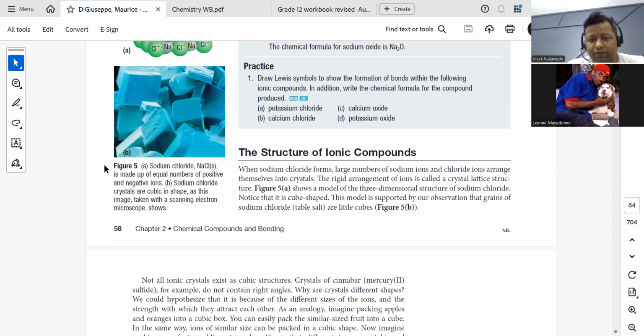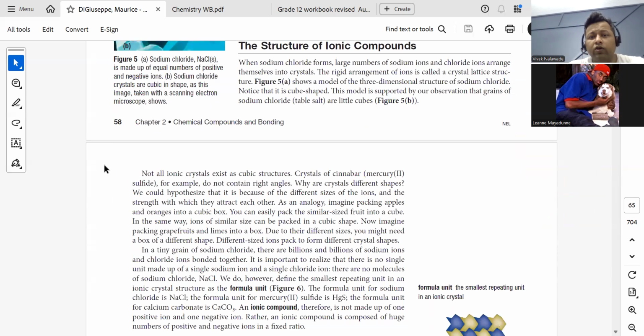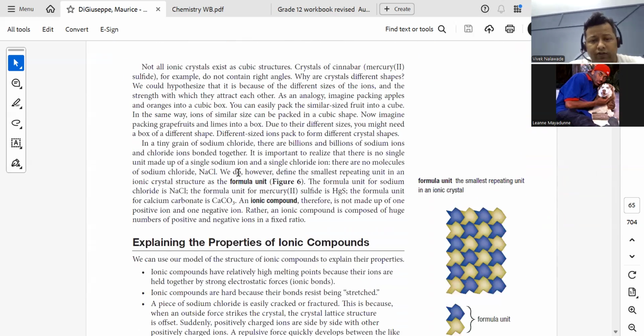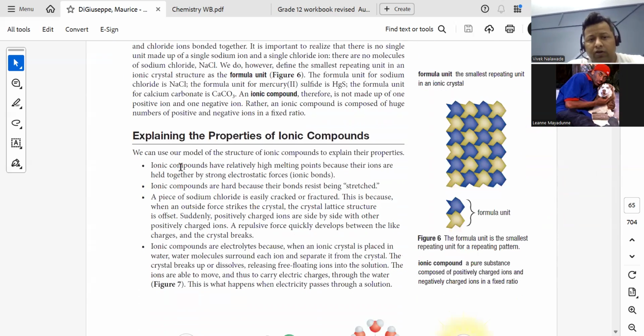Any doubt? Okay, so the structure of ionic compounds is done. Now, that they are hard is clear, because the electrostatic force of attraction is extremely strong. But they are brittle because, let us say this is your crystal, and the positive and negative ions are arranged like this.